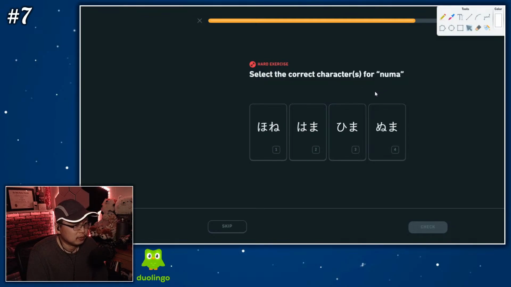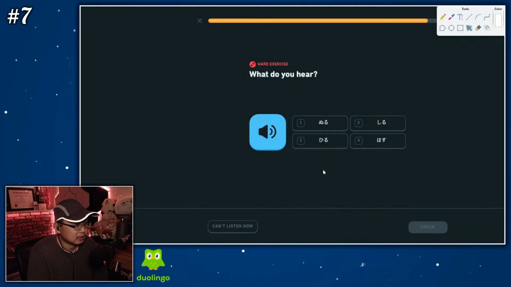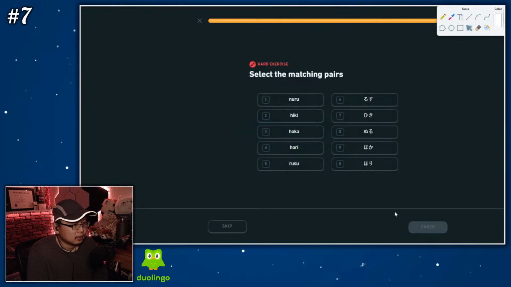Numa, numa. 昼 Iru, iru. Rusu, rusu. Iki. Nuru, nuru.